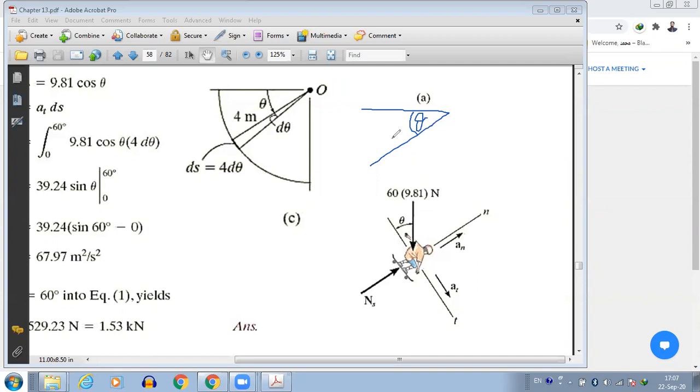The perpendicular of the horizontal is the vertical, so that is where W is acting. The perpendicular for this is the normal direction line, and the perpendicular for this will be the tangential line. Sorry, I didn't make the straight line. So this will also make theta. If two lines make theta, their perpendiculars will also make theta.